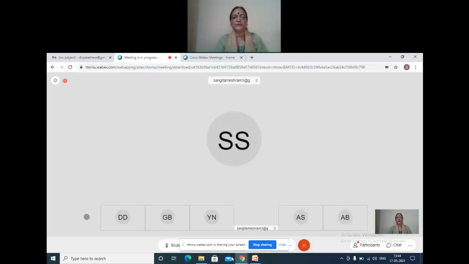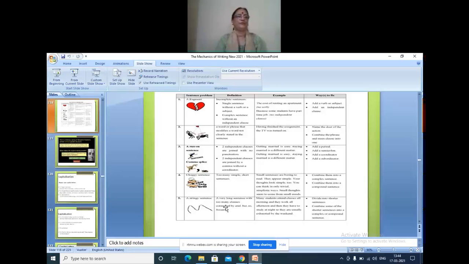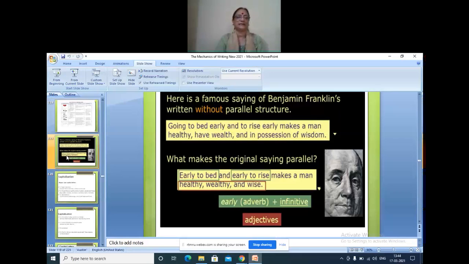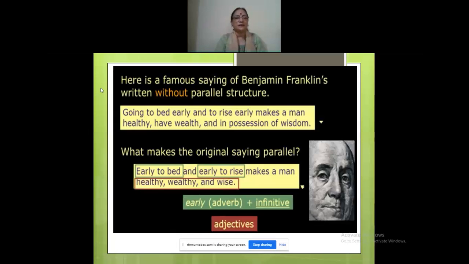So I'm going to give you an example of what is meant by this. So here is a famous saying of Benjamin Franklin's. This is the famous saying, and there is no parallel structure. Why?